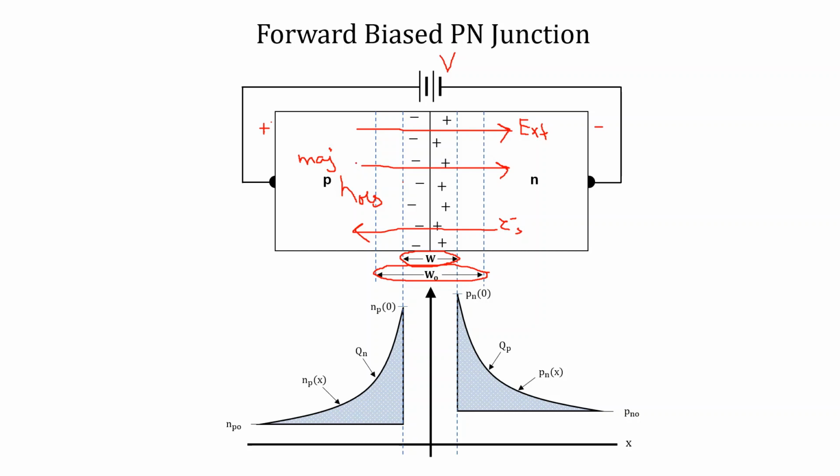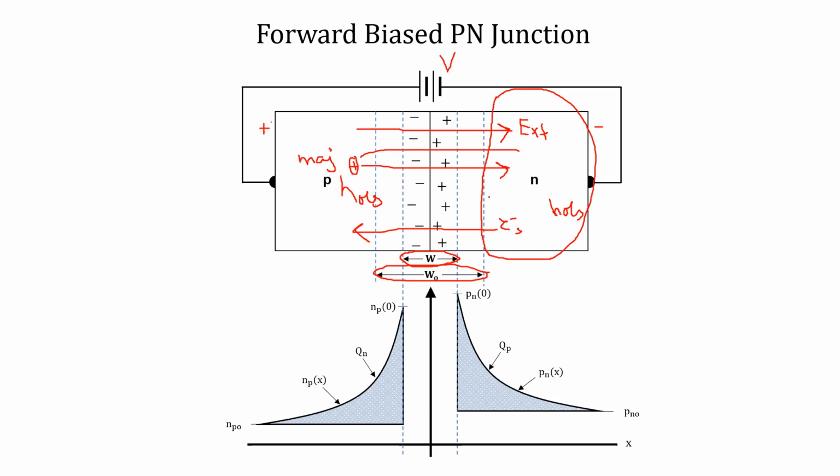Now as these holes reach the N side, we know that here minority carriers are holes. So the density of minority carriers increases because of this transfer of charges from here to here.